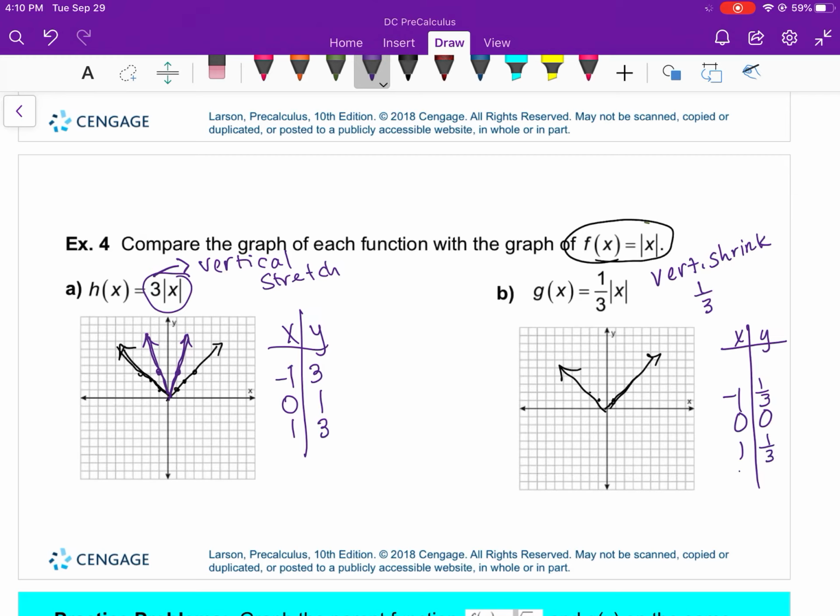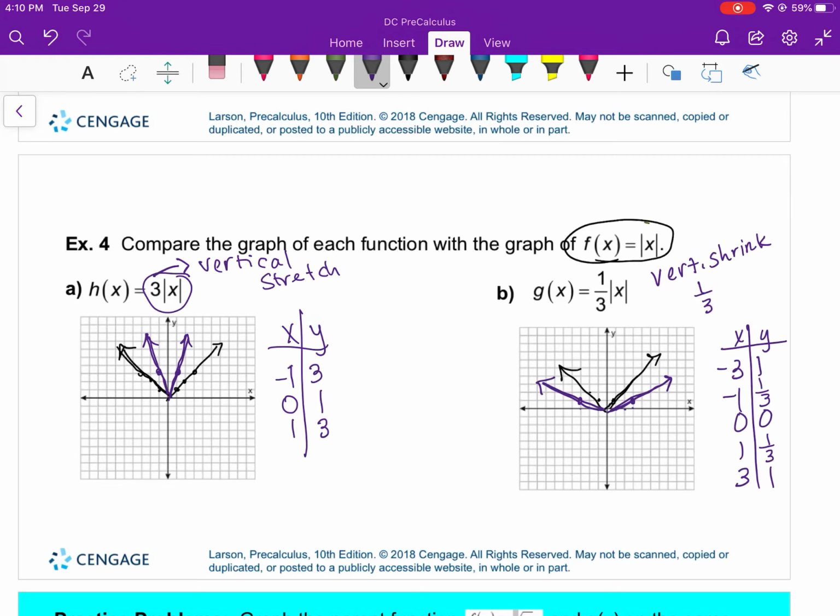That means 3 would be 1. So if I go 1, 2, 3, 1, you can see how much wider it's going to be. So a vertical shrink makes something much wider.